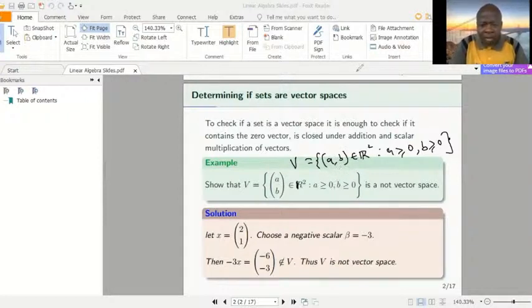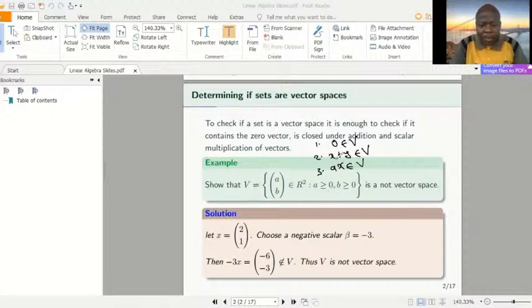Now, how do we answer this question? The question is: show that it is not a vector space. So in other words, of the three conditions that we've talked of, one, it must contain a 0. We must show that it contains a 0. We must show that if you pick two elements x and y, then their sum should be in V. We must show that if you pick a scalar A and a vector x, their product must be in V. So we must show these three to show that it's a vector space.